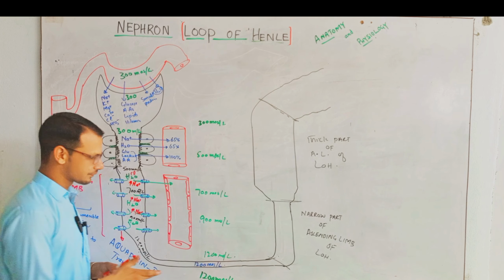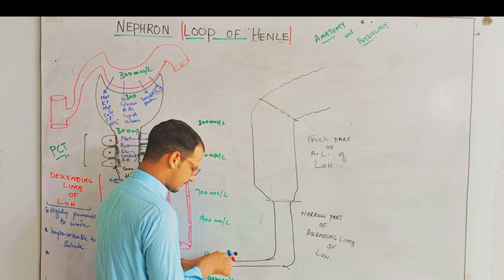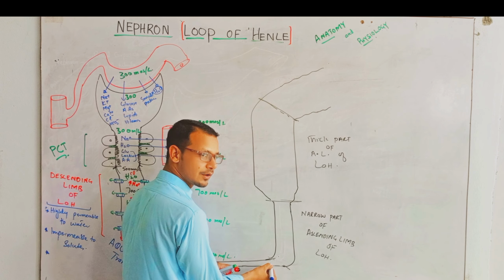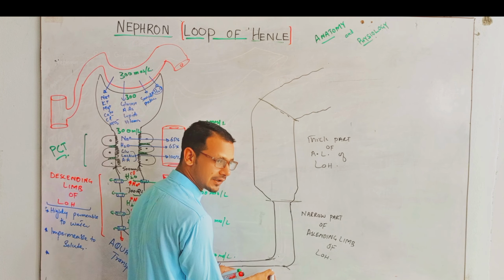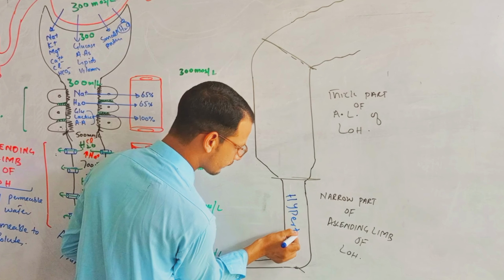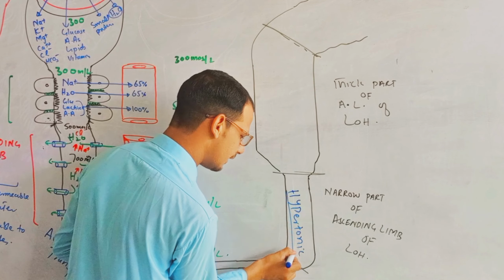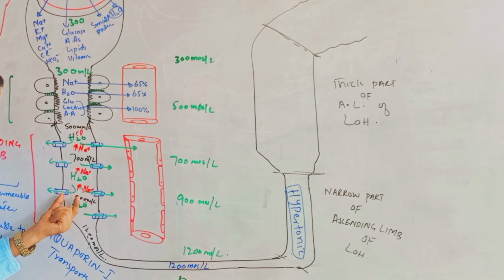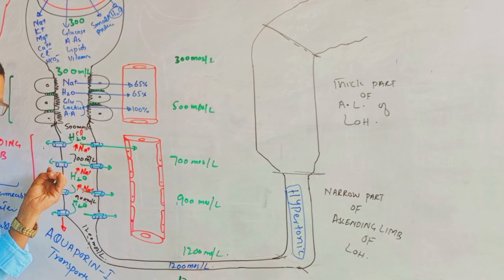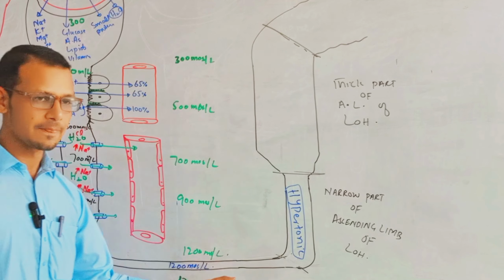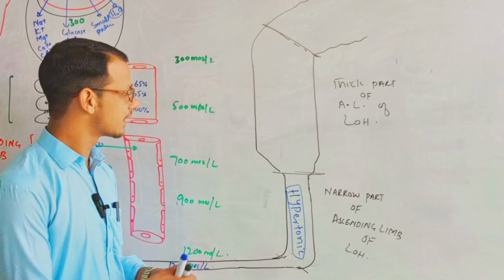Right, here the osmolality of the solution remaining here is 1200 milliosmol per liter. It means here the solution is hypertonic solution, because water is leaving continuously, water is leaving this environment and the concentration of the solutes is increasing.